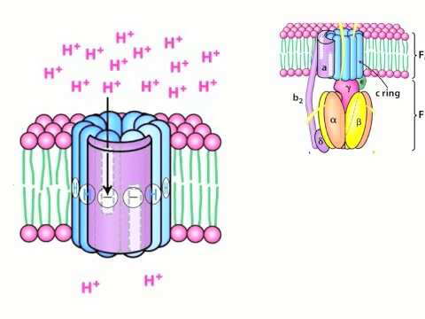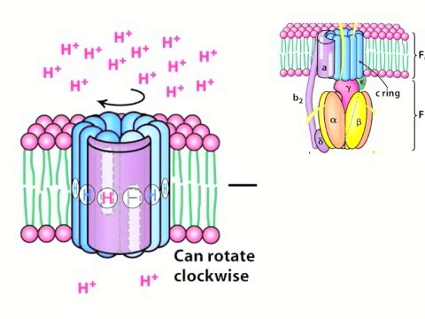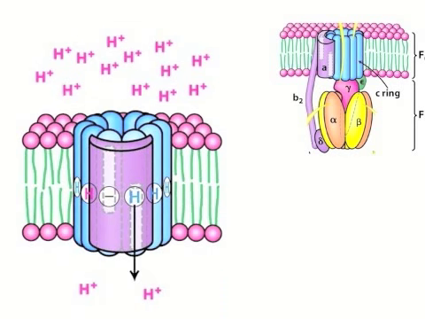Once there, they will interact with aspartate to form aspartic acid. And the C ring will rotate all the way around until that particular subunit reaches the matrix half channel. Now the matrix, you'll remember, has a lower concentration of protons than the intermembrane space. And so aspartic acid will become deprotonated again.